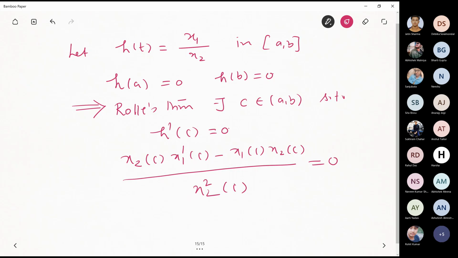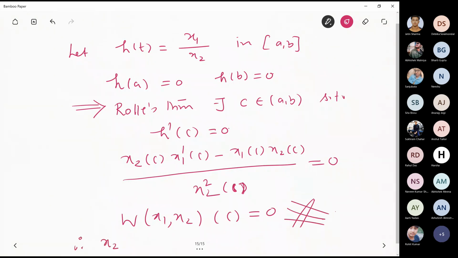Since x2 is not 0, the top one, which is nothing but the Wronskian of x1, x2 at the point c, is 0. But that is not possible, right? Because x1 and x2 are linearly independent. Therefore this is a contradiction. Therefore x2 has a zero in (a, b).